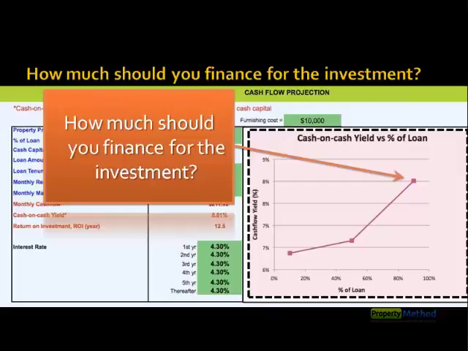If you can get an uptrend pattern like in this figure, then congratulations, our property is not just worth investing in because it's generating cash flow, but also worth financing. The meaning of worth financing simply means that the more we borrow, the higher our return from our cash capital. Look at the chart.